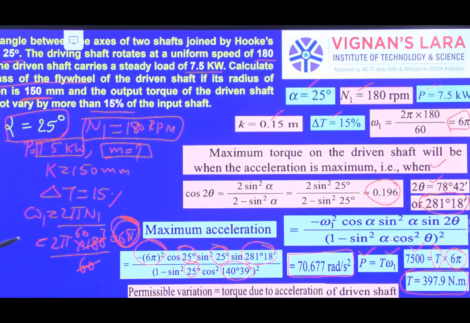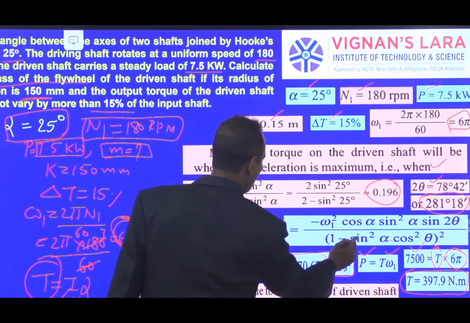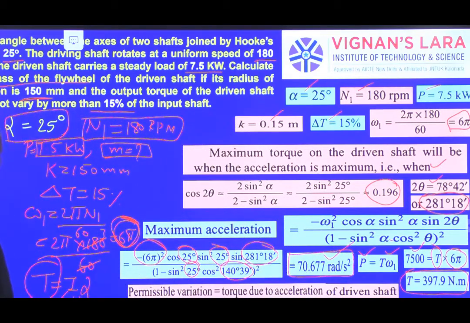You have one equation from the basic fundamentals: torque is equal to I alpha. Torque is already obtained, and we know I is equal to m k square, that is mass into radius of gyration square, into alpha, the angular acceleration. The maximum angular acceleration is already obtained, m is unknown and k is given in mm.